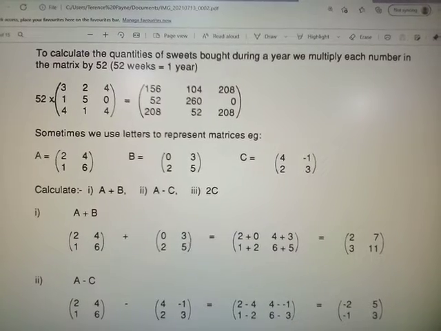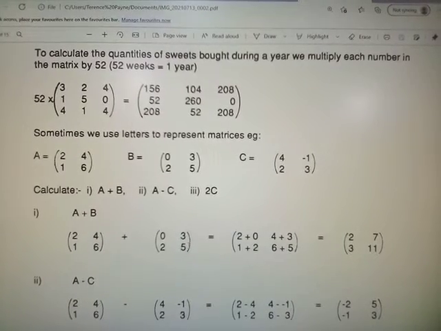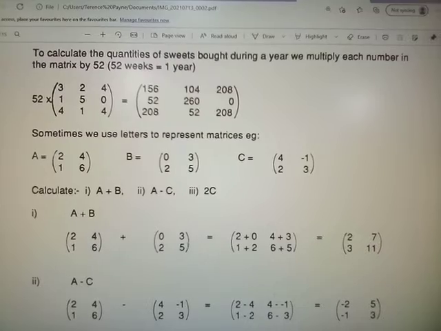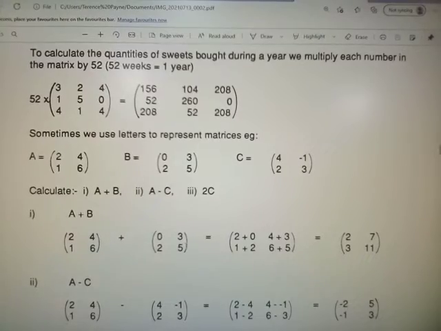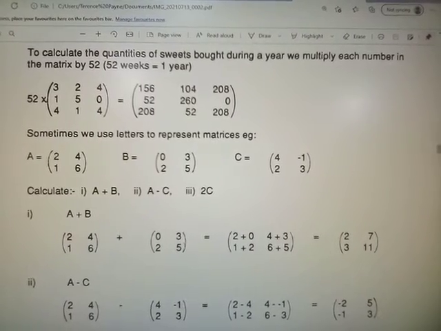I'm not going to say anything much on this further, but this is for you to do. And here we're using letters sometimes to represent matrices.